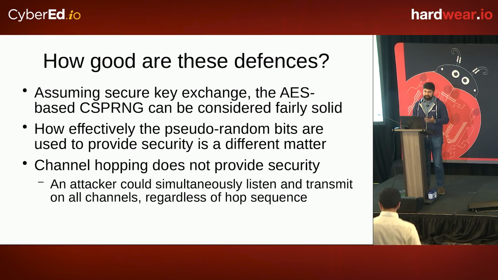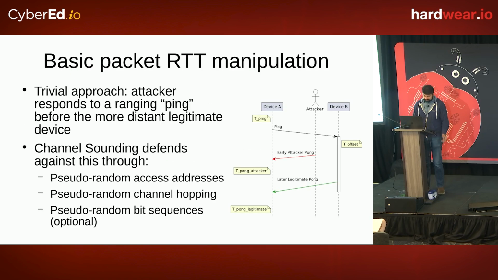For the channel hopping, in my opinion, I consider it a near zero security feature beyond just making the implementation of attacks slightly more of a pain, because an attacker could just use a wideband radio or multiple radios to listen in all channels and transmit in all channels at once. Typical low-cost radios are only able to tune to one channel at a time, but if you're using a wideband SDR or just a bunch of radios together, it's not a problem. So I don't consider that security.